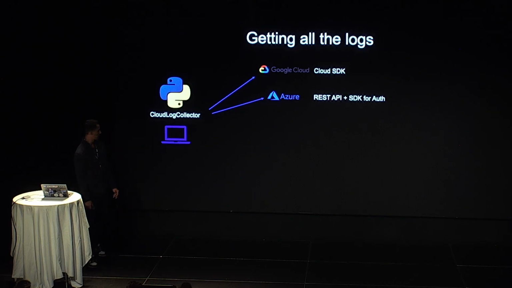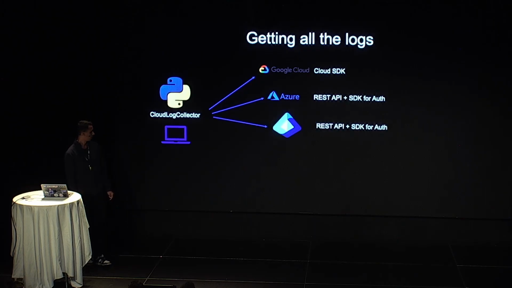But I don't like the Azure SDK, so to do things fast and at scale, I'm using the REST API instead for Azure, only using the SDK for authentication. For Entra ID, we're also using the REST API towards Microsoft Graph, and we're using the same SDK for the authentication here as well. And for AWS, we're only using the SDK, which is named Boto3. I don't know why.